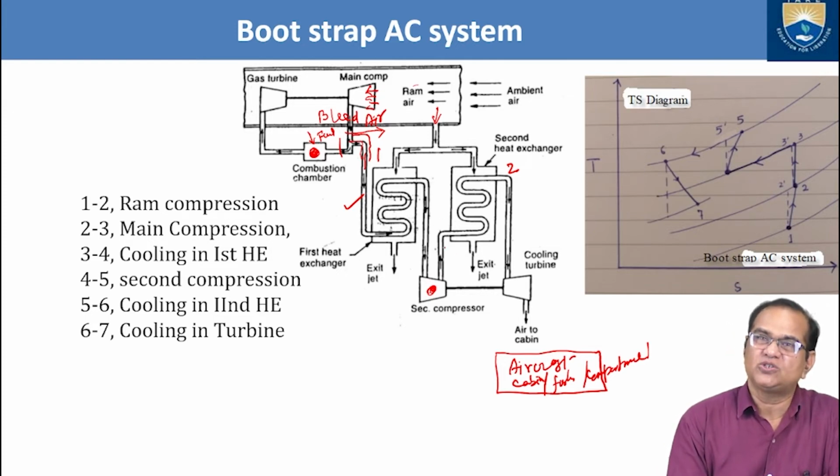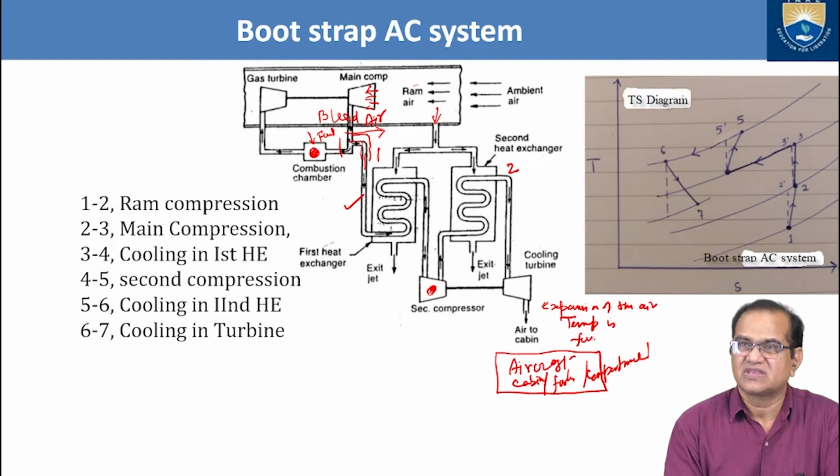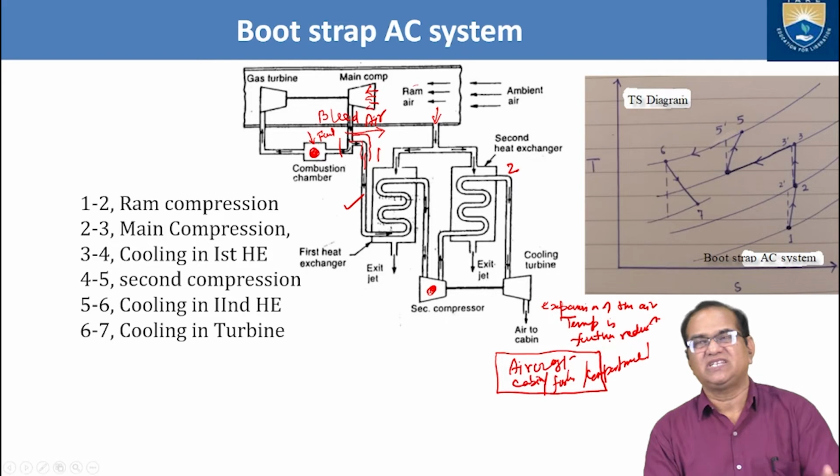And from here it goes again to the heat exchanger. From heat exchanger 2, which is also cooled with the help of the ram air, it enters the cooling turbine. This cooling turbine is rotated, and here, due to expansion of the air, the temperature is further reduced.